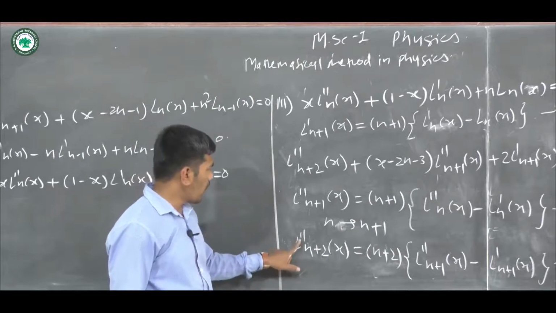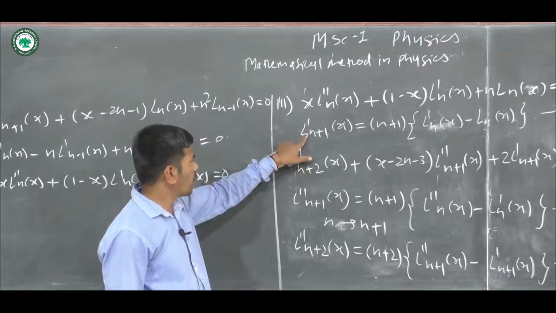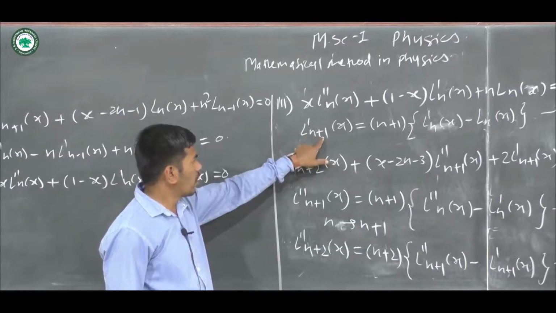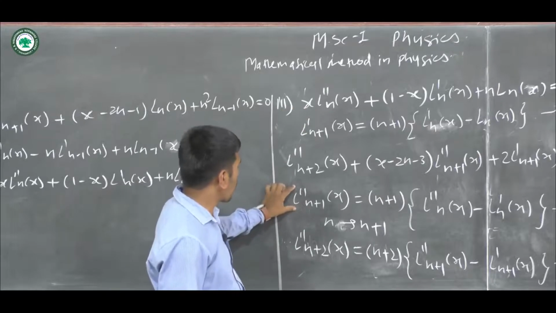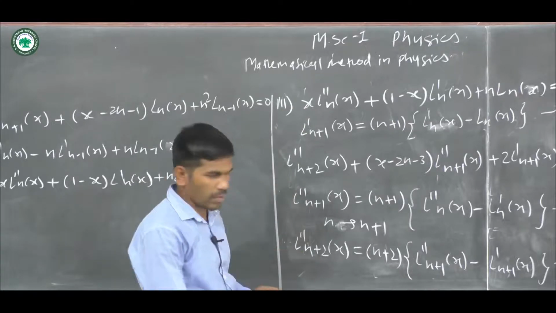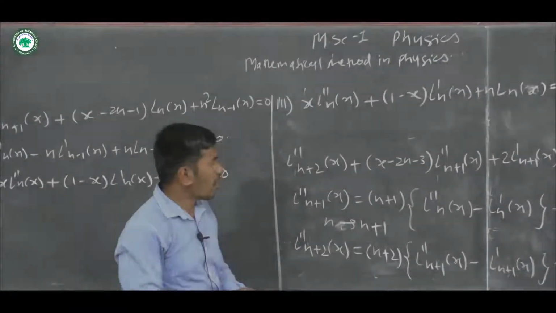So we now have L double prime n plus 2, and L prime n plus 1, and L double prime n plus 1.